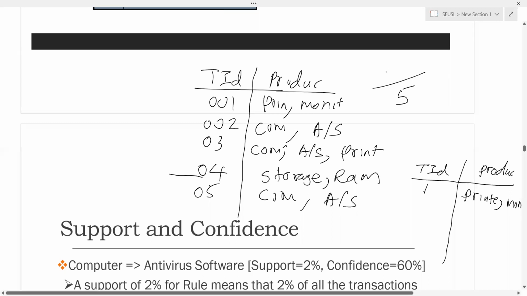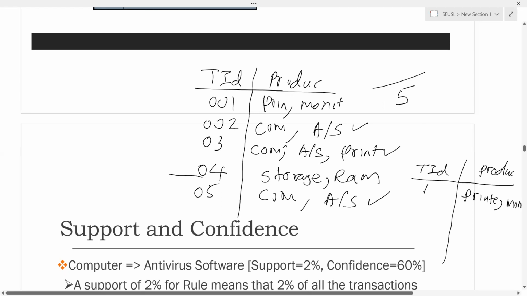Computer and antivirus does not mean exactly only computer and antivirus. They can buy other products too, depending on their preference. We are checking among the transactions how many contain computers and antivirus software.